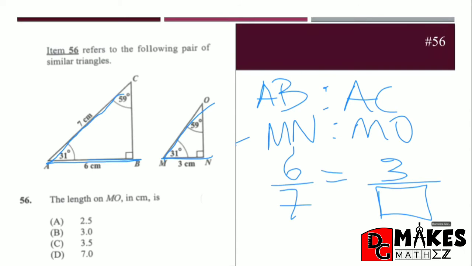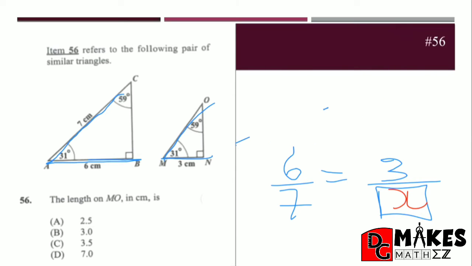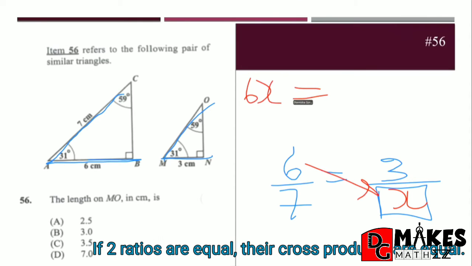How can we find missing values in ratios? When you know two ratios are equivalent, we can simply use what is called the cross product. So let's say this is X. We would know then that 6 times X should be equal to 3 times 7.